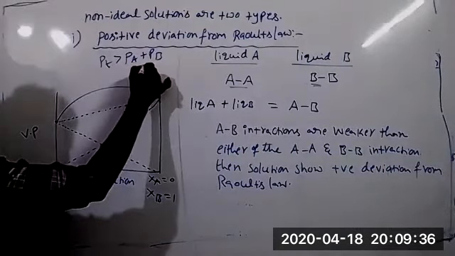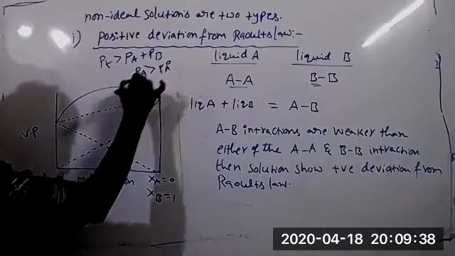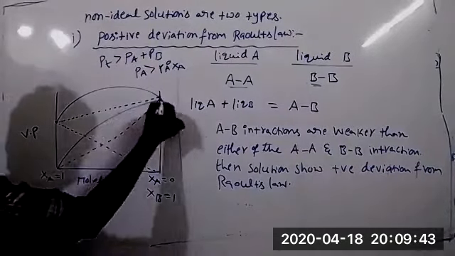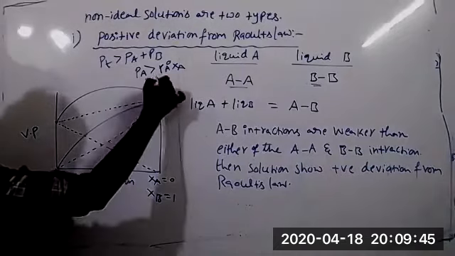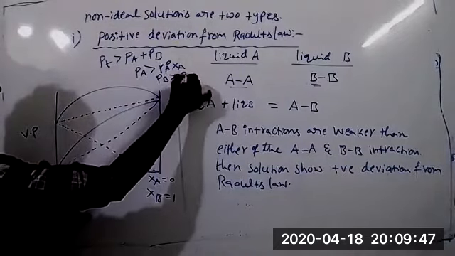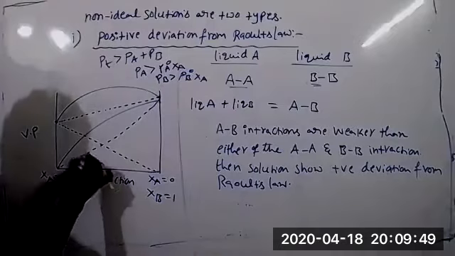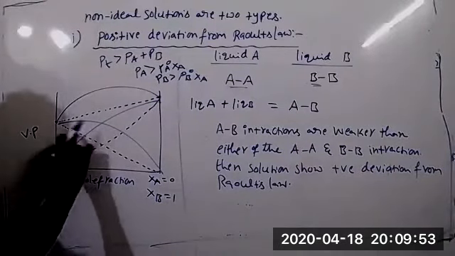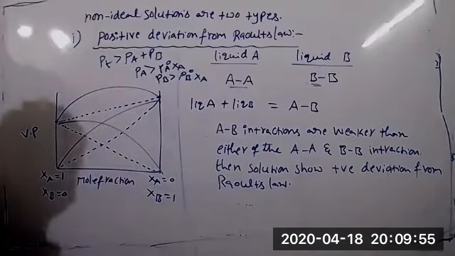And I told you PA is greater than PA⁰ XA; this also gives a parabola like this. And PB is also greater than PB⁰ XB; this line comes like this. This is for a non-ideal solution showing positive deviation. Draw this graph.